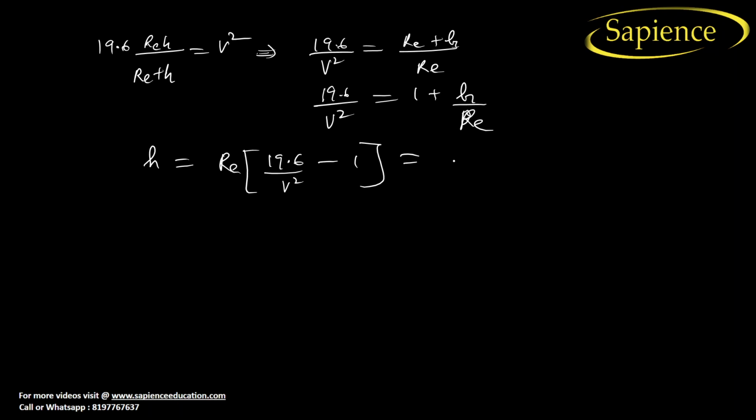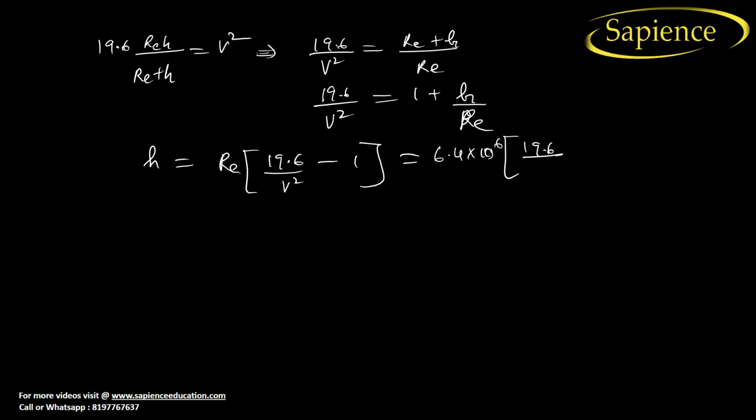So we will put here the value of R_e, that is the radius of the earth, which is 6.4 into 10 to the power 6, into 19.6 by v square, that is velocity square.